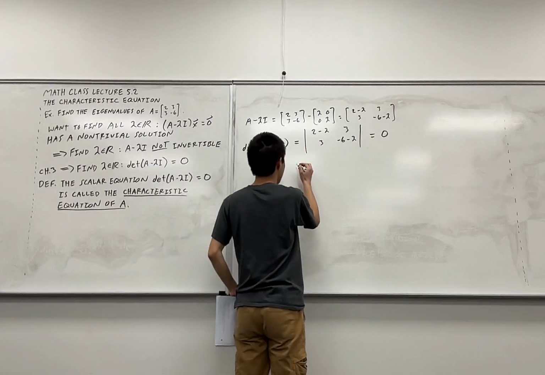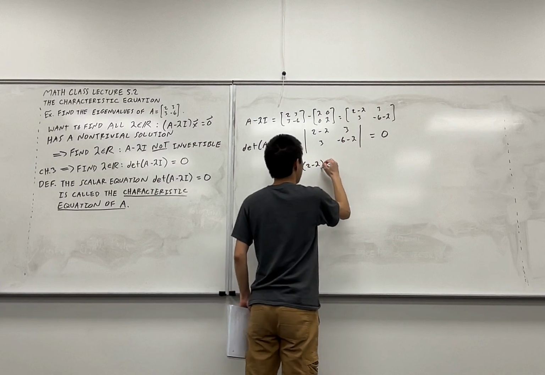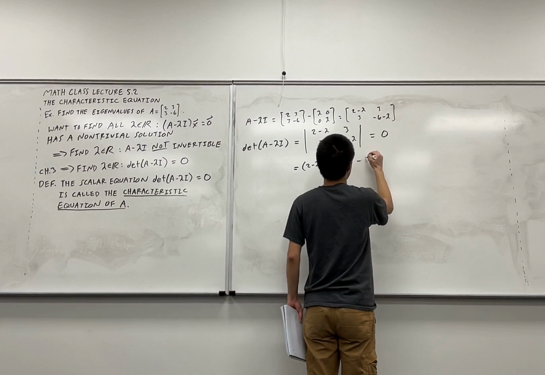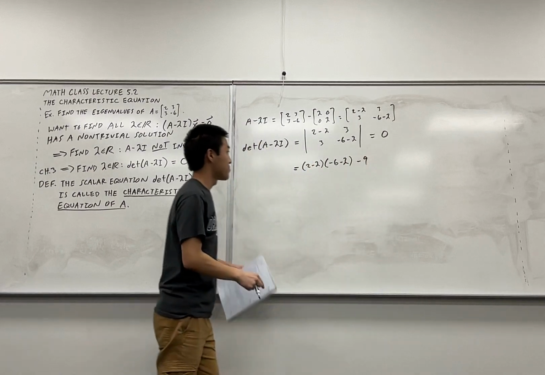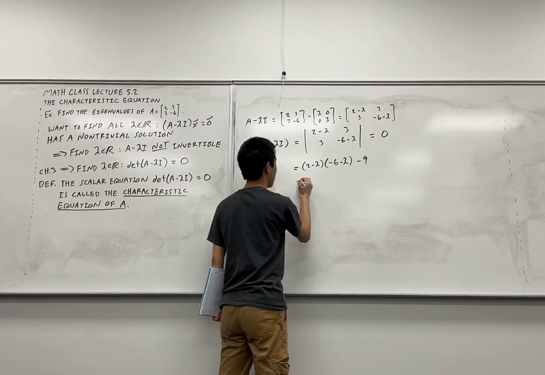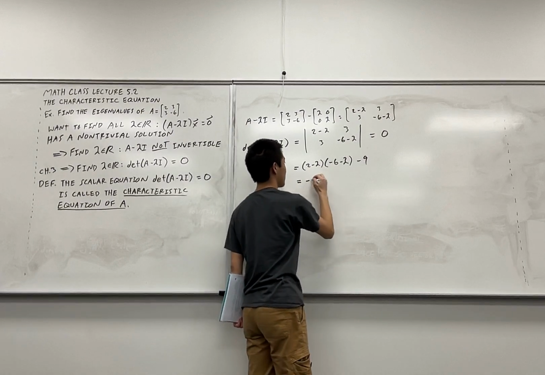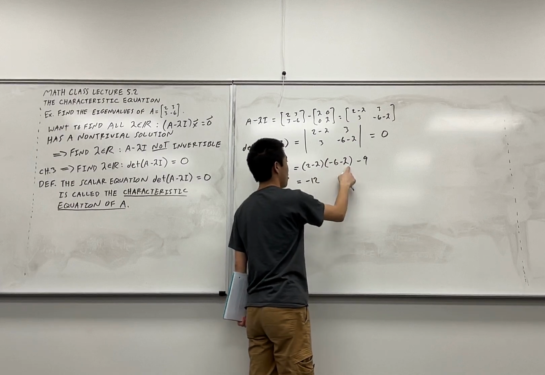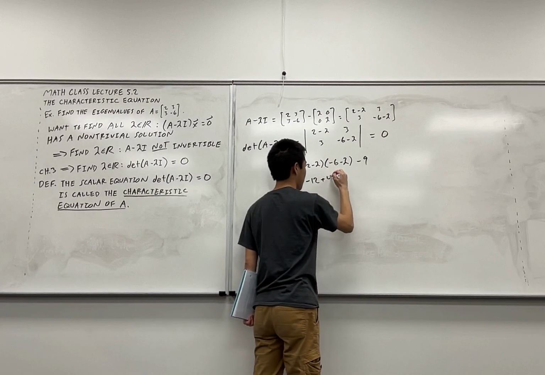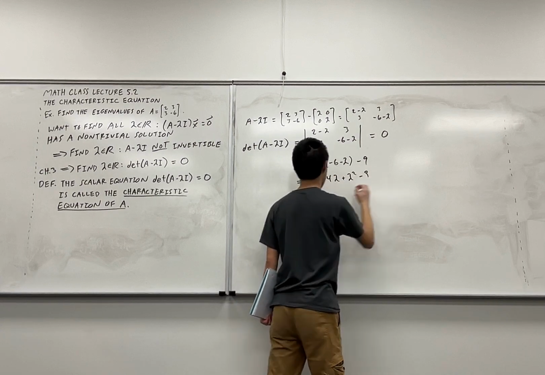This is a 2 by 2 because that's easy. For an example, we have 2 minus lambda times minus 6 minus lambda, and then minus 3 times 3 is just 9. Now, if you're rusty on algebra, it's time to not be rusty in algebra because that's going to be pretty painful. So minus 12, and then minus 2 of them plus 6 of them. So 4 of them. And then I have lambda squared minus 9.